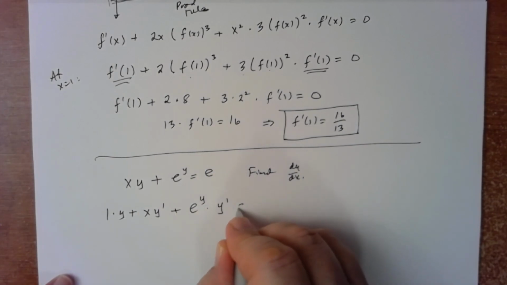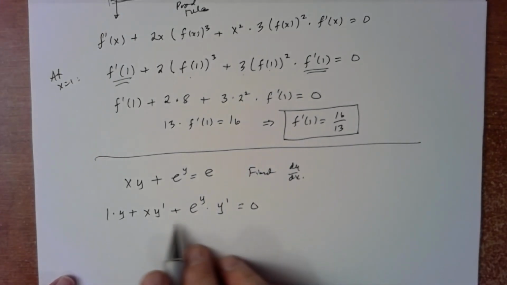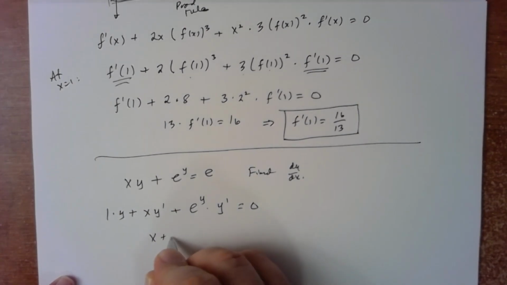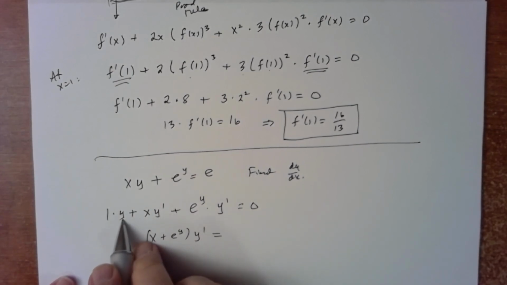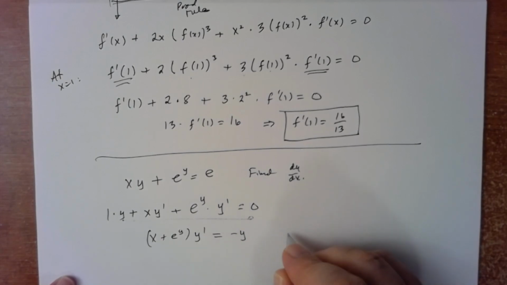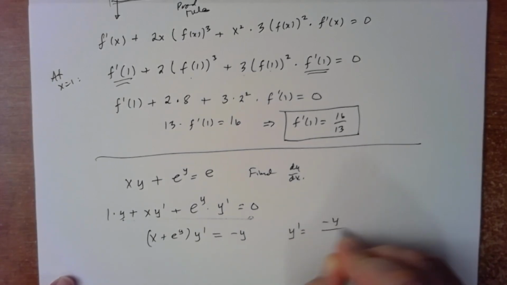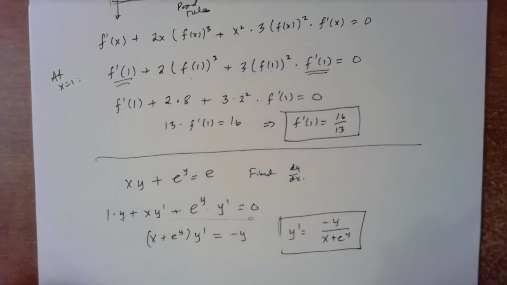And then the derivative of e is 0 because e is a constant. Very good. Now you can solve this for y prime. So we have x plus e to the y, times y prime, is equal to, I'll bring this y over to the other side, minus y. And so y prime is minus y over x plus e to the y. Good. So there's my formula.